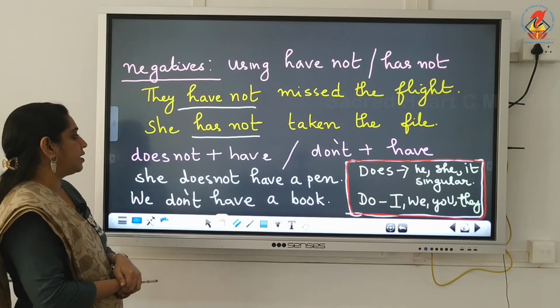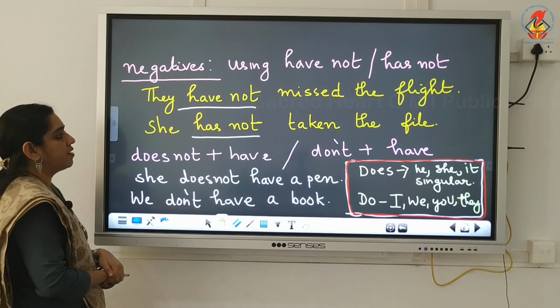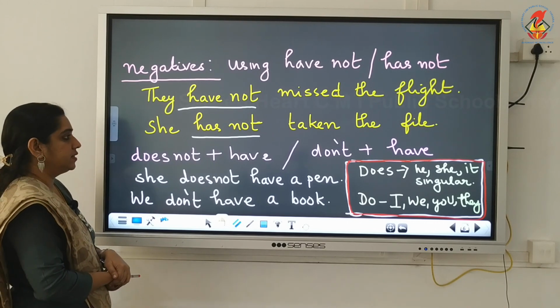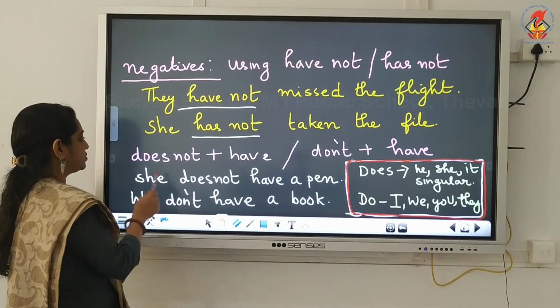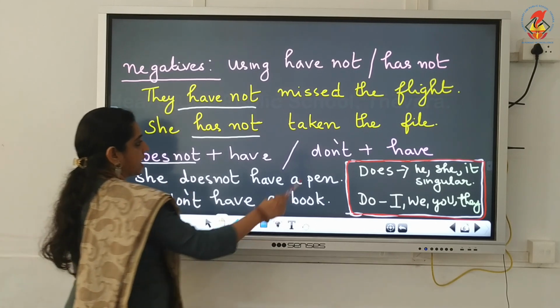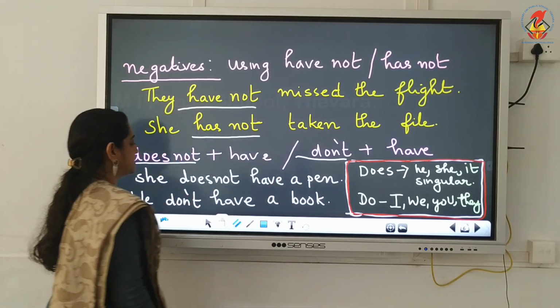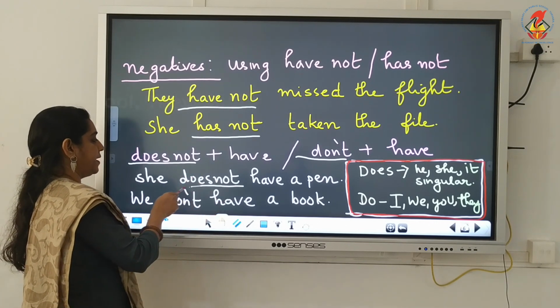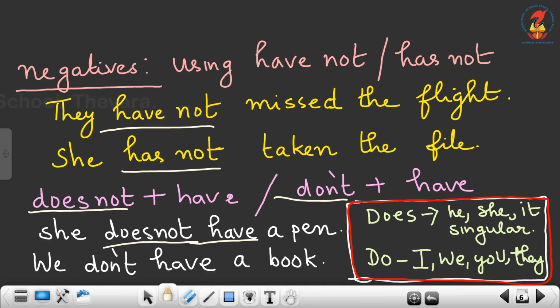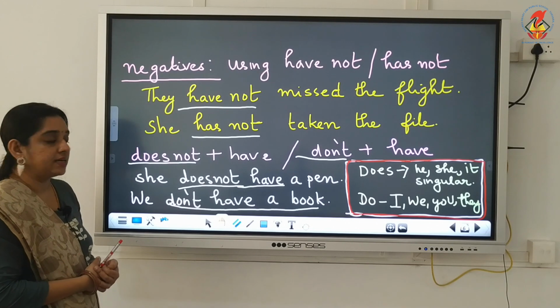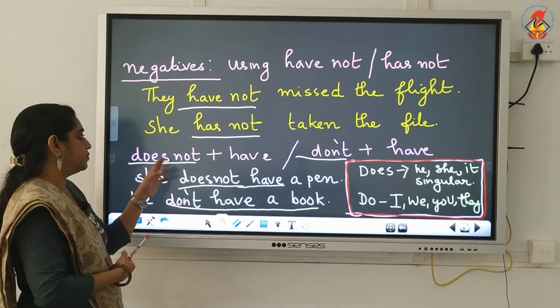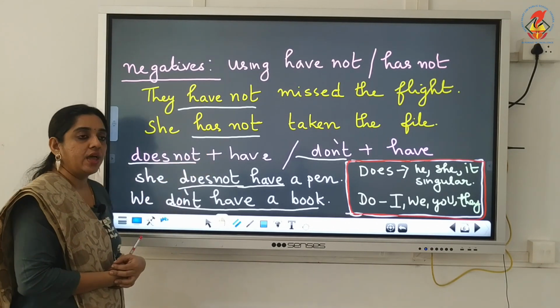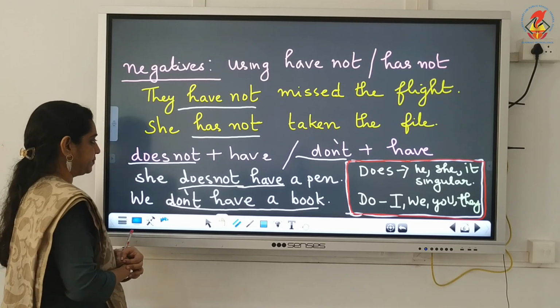Then, now come to does not have and do not have. This have verb can be used with does not and do not. See, she does not have a pen. Okay, we do not have a book. These are some of the examples that you can see using does not plus have and do not plus have.